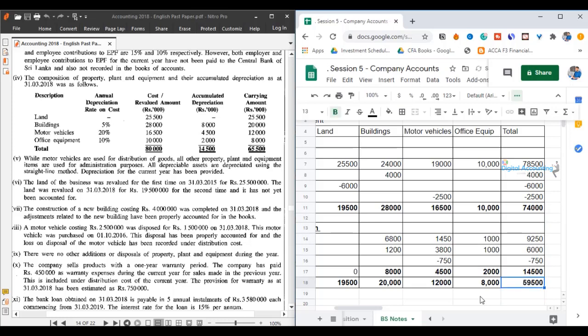So the new carrying amount is 59,500. So now the carrying amount of 59,500 should go to PPE in the balance sheet.